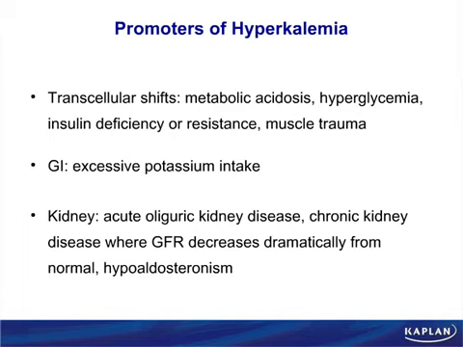In order to have normal potassium, you need two things. You need kidneys and you need aldosterone. So, you will see hyperkalemia in two conditions: renal failure and hypoaldosteronism. That's the type 4 renal tubular acidosis. So where there's low aldosterone or where there is renal dysfunction, you will see hyperkalemia. This is very important to know, and you will be tested on this.